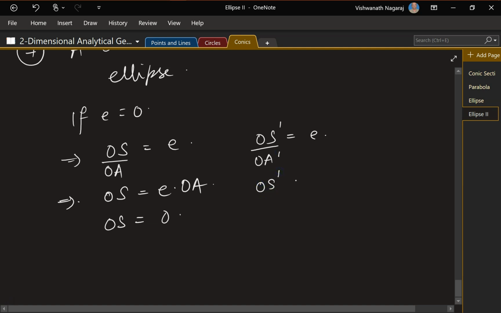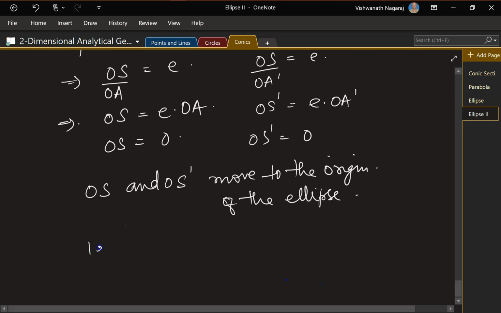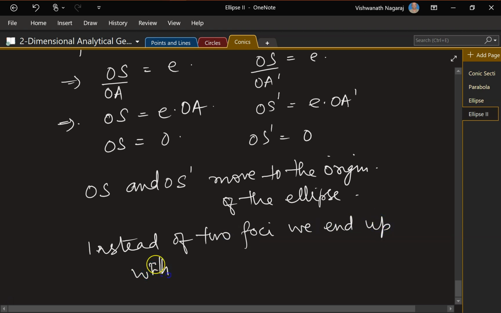So OS prime is equal to E dot OA prime. And since E is 0, OS prime is equal to 0. So which means OS and OS dash move to the origin of the ellipse. So instead of two foci, we end up with one focus which is equal to the center.